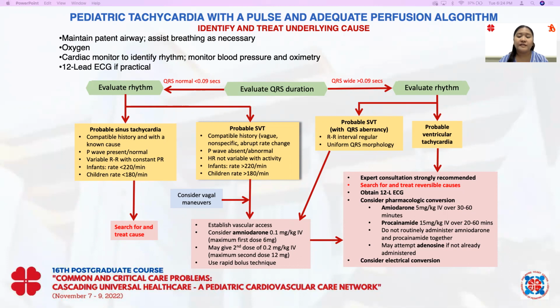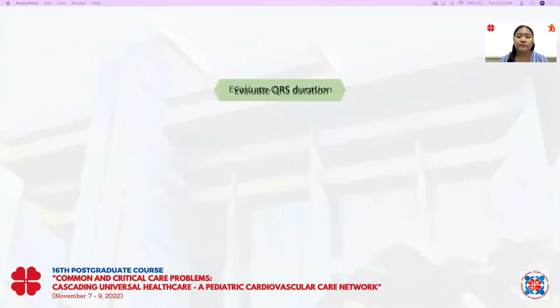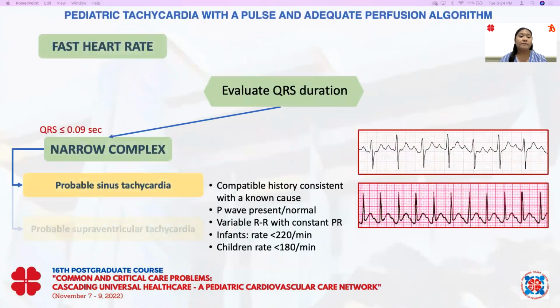Obtain a 12-lead ECG if available and feasible. Take note that in any type of arrhythmia, it is highlighted in this algorithm that you should always search for and treat for the possible reversible causes of the tachyarrhythmia. Now, let's go through them one by one.